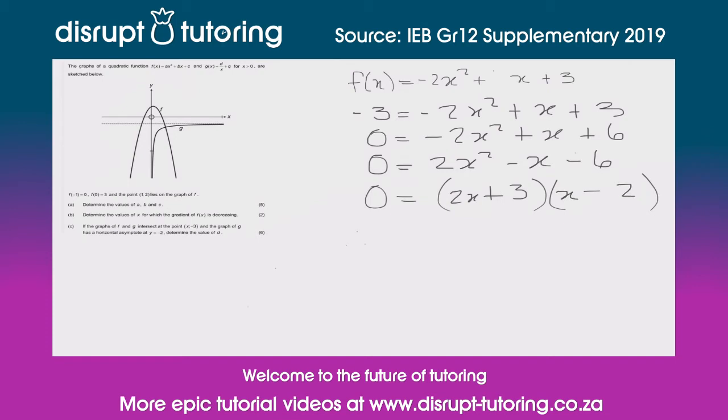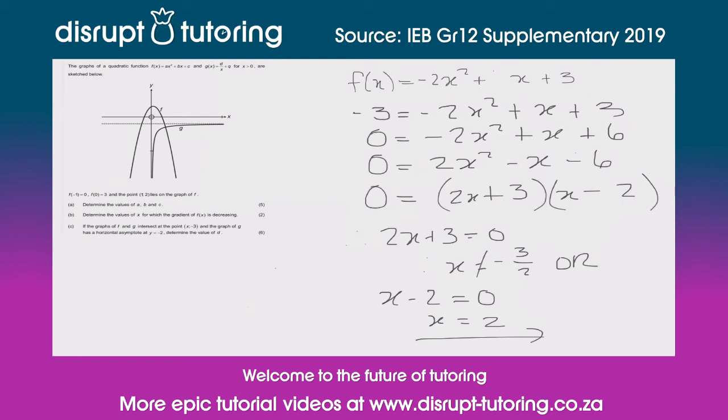So now we know that 2x plus 3 equals 0, so x must equal minus 3 over 2, or we know that x minus 2 equals 0, so x is equal to 2. Now let's have a look. We said that the intersection was a positive x, so we know this one cannot be the one we're looking for. So x is equal to 2. We now know what that point is, the point where x equals 2.